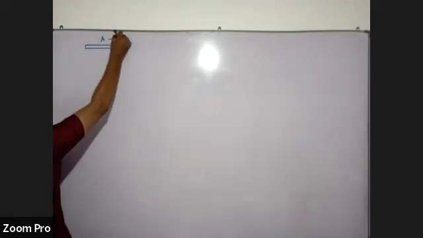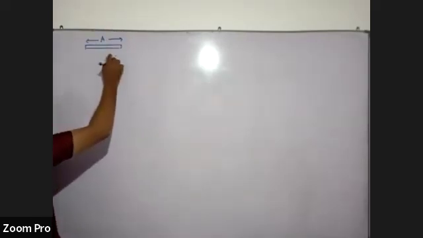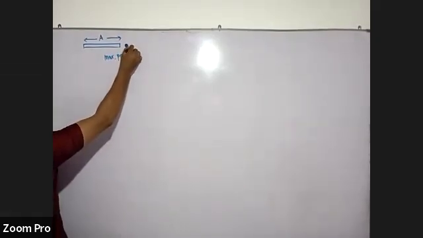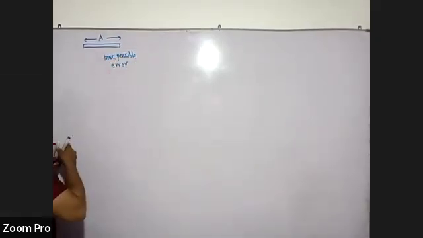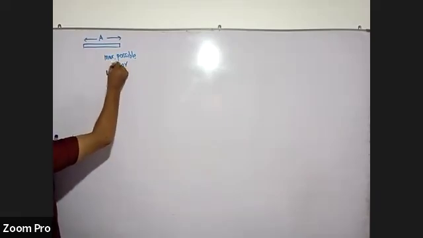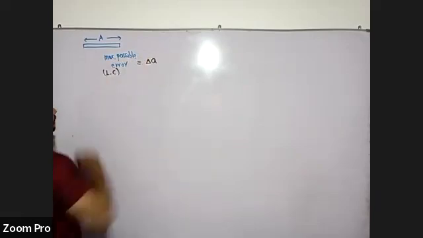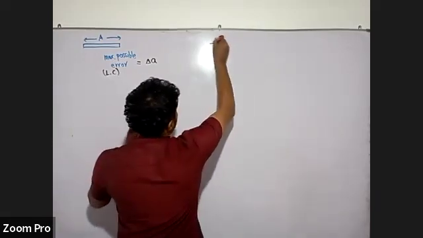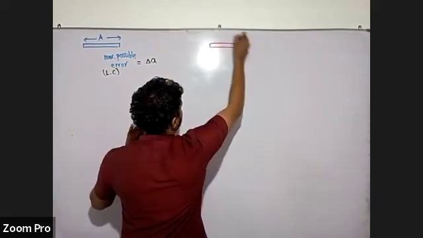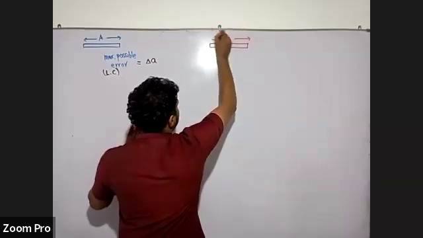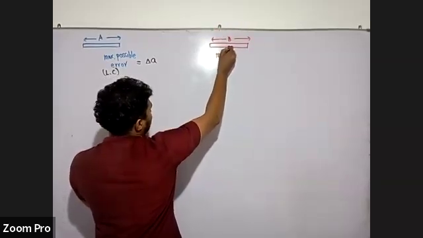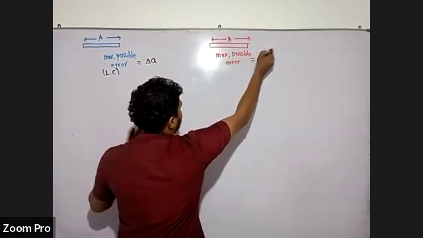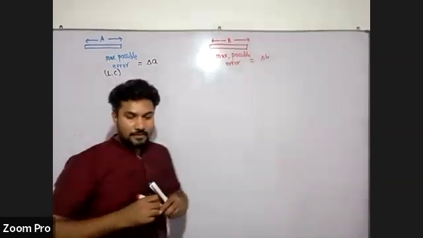Let's call it A. I'm considering this measurement as A, and the maximum possible error or the least count of this measurement I'm considering as delta A. And I'm taking another value, capital B, by using another measuring instrument, and let's call the maximum possible error delta B. Guys, this delta represents a very small value.